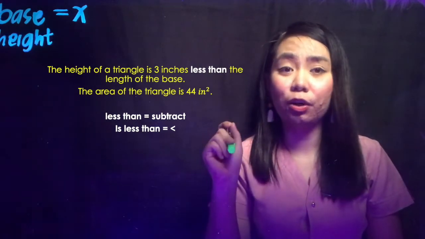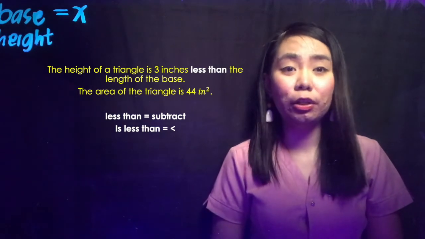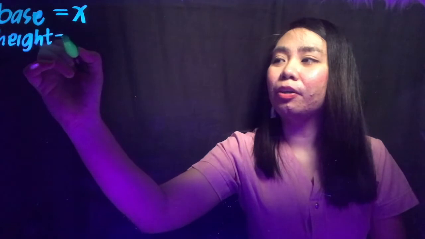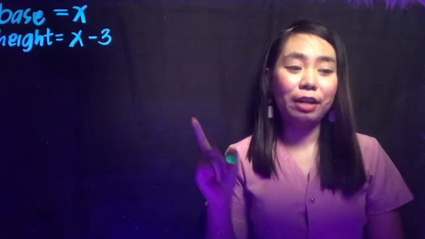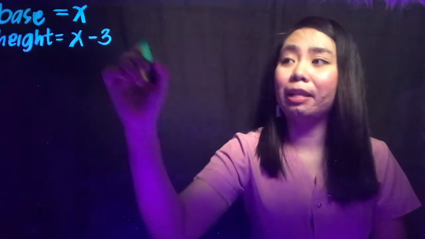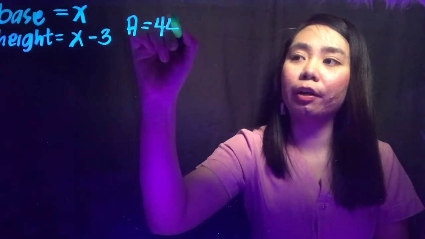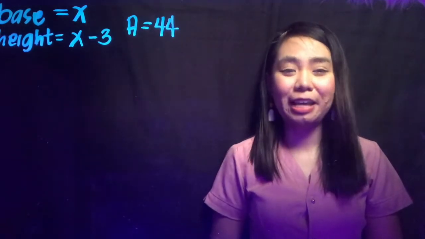However, if you see the words is less than, then that's the time that you will use the less than symbol. So in this case, you have x minus 3. And do not forget that our last statement tells you about the area, which is equal to 44 square inches. So now we already have our representation.